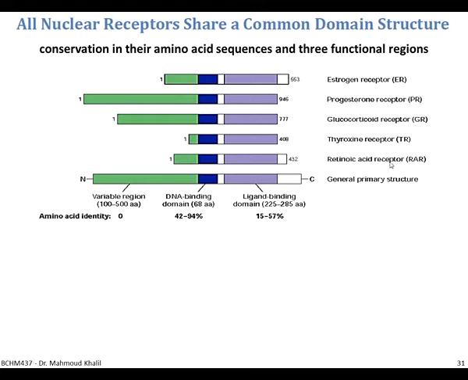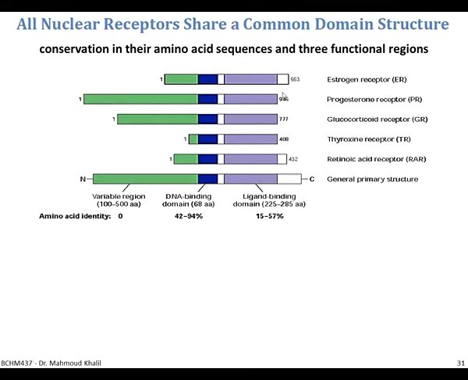Of course, these receptors are named according to the ligand or hormone that binds to them. Although they differ in the number of amino acids, the estrogen receptor consists of 553 amino acids, the PR of 900 something, and 408 for the thyroxine receptor.